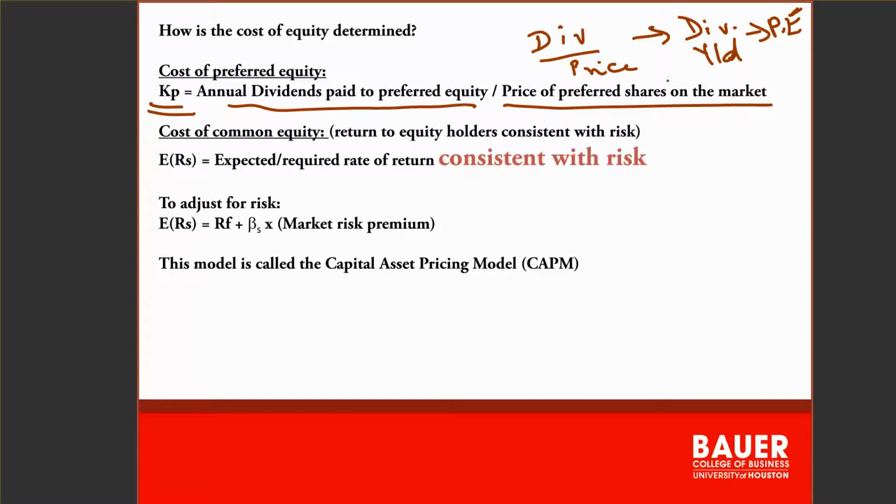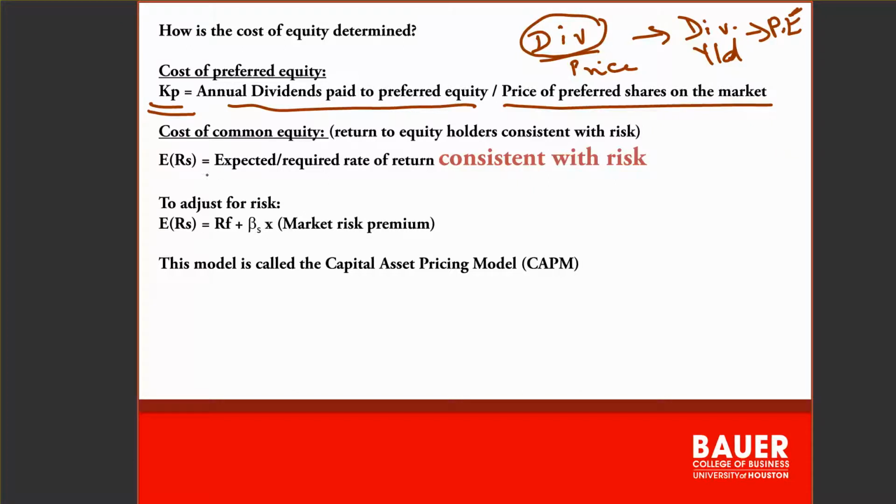Why? Because these dividends are more or less given and certain, and the price is what you paid when you bought the preferred stock. So you know exactly what this is going to be. With common equity, on the other hand, it's not that straightforward. It is not your cost of equity as in the return on equity as found in the income statement.